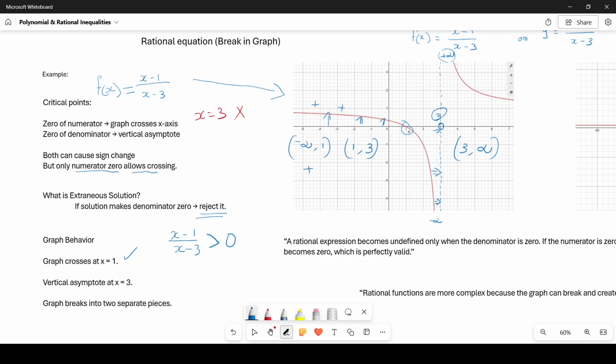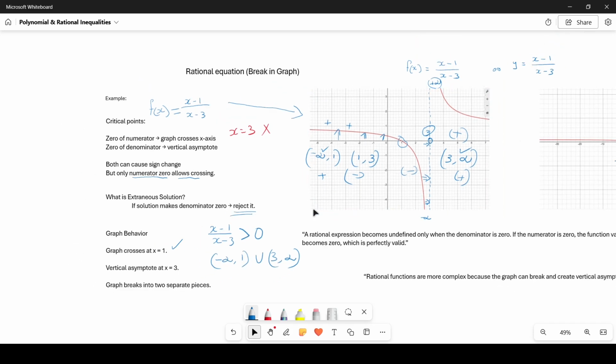Then 1 to 3, critical point to vertical asymptote, is negative. Then what about 3 to infinity? The vertical asymptote to positive infinity is a positive value. So we need to consider only this interval and that one. So the x values lie between minus infinity comma 1 union 3 comma positive infinity. These are the values we need to consider by solving this rational inequality.